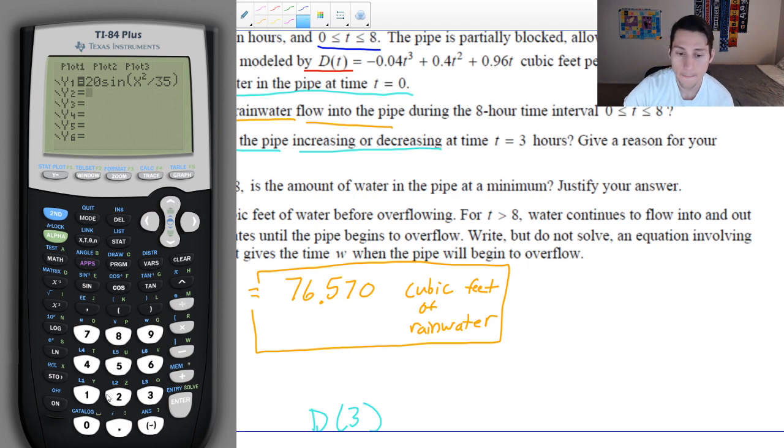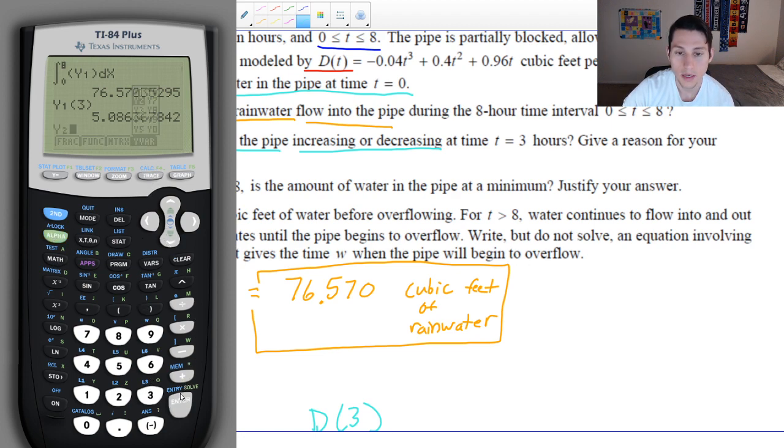Negative 0.04 x cubed plus 0.4 x squared plus 0.96 x, and then I'll go back through and just plug in 3.